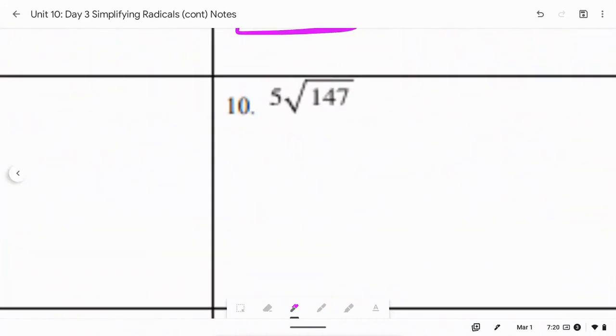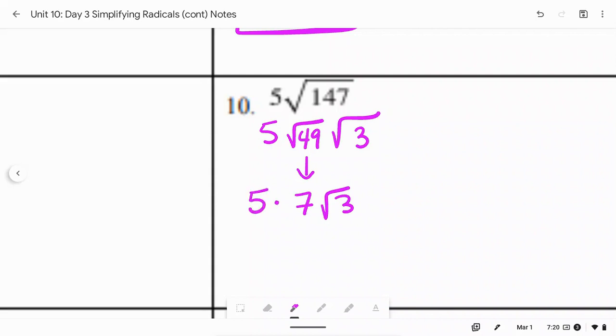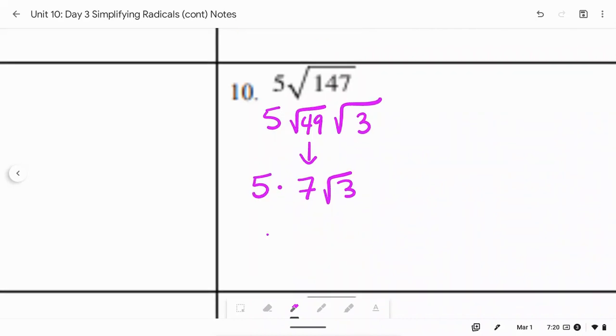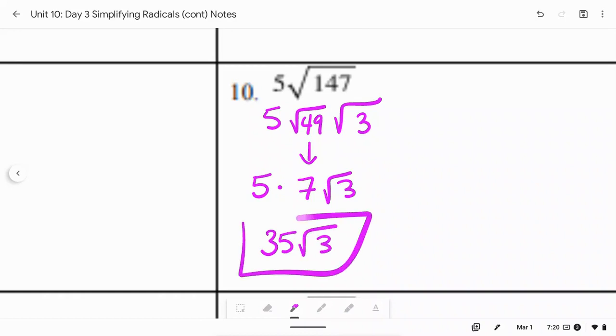For number 10, the square root of 147, the largest perfect square number I can divide 147 by is 49 times 3. The square root of 49 just becomes 7, square root 3, and then multiply that 5 by the 7 in front. So I get 35 square root 3 as my final answer.